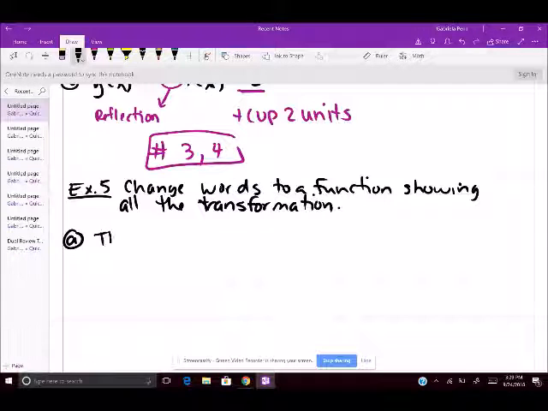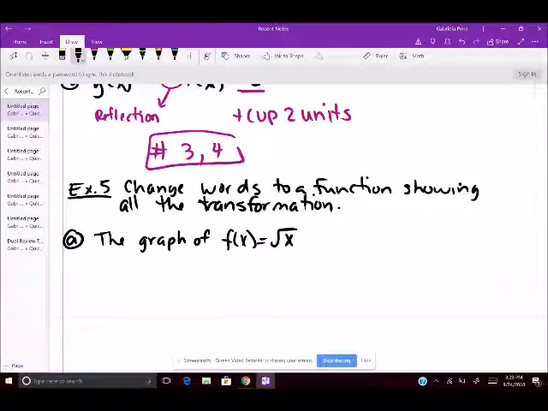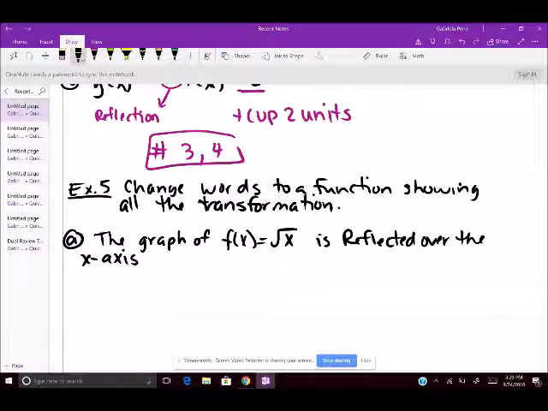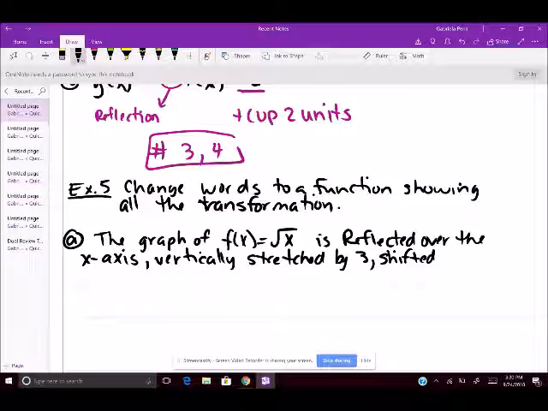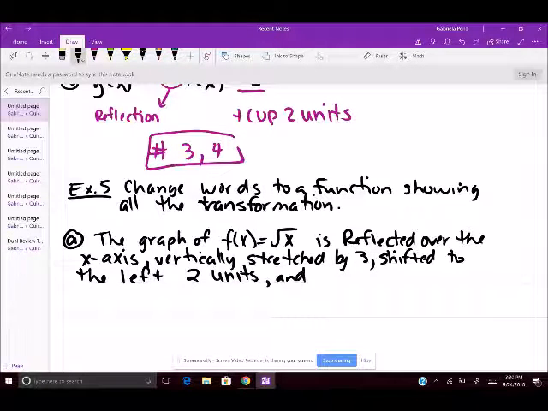So we're going to say the graph of f of x equals the square root of x is reflected over the x-axis, vertically stretched by 3, shifted to the left 2 units and 5 units up.